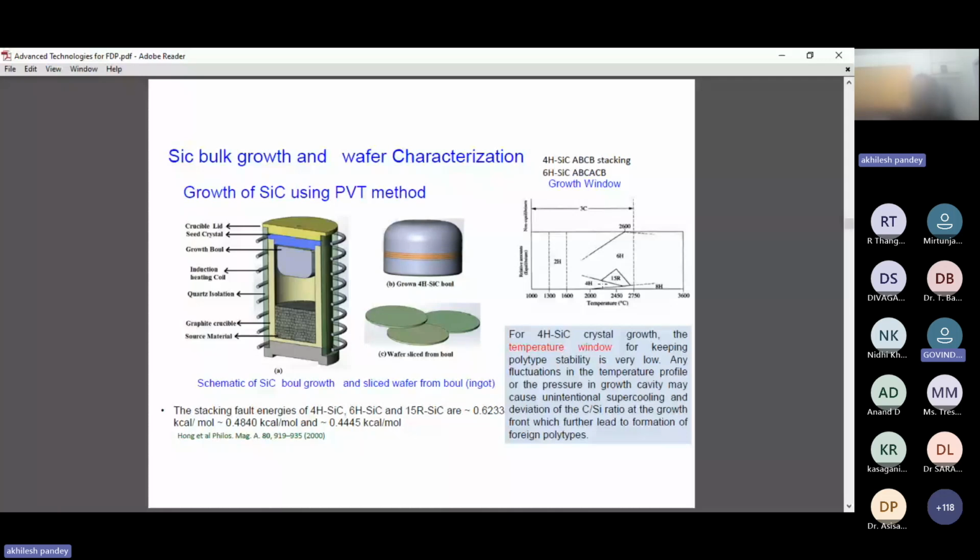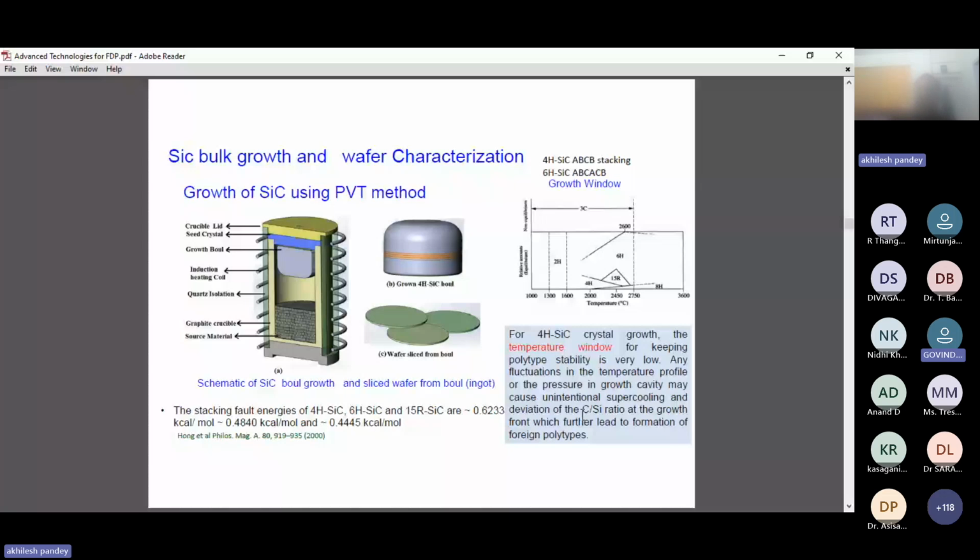So if a slight fluctuation occurs, it will form another polytype. For the 4H SiC crystal, the temperature window for keeping the polytype stability is very narrow. Any fluctuation in the temperature profile or pressure in the growth cavity may cause unintentional supercooling and deviation of the silicon to carbon ratio at the growth front, which further leads to formation of foreign polytypes.